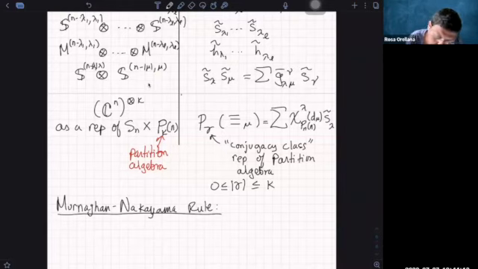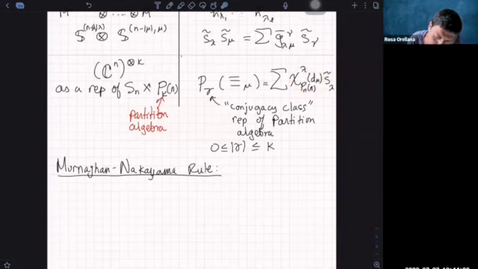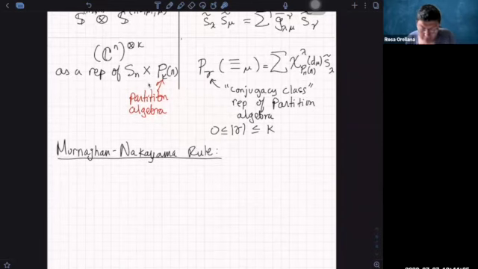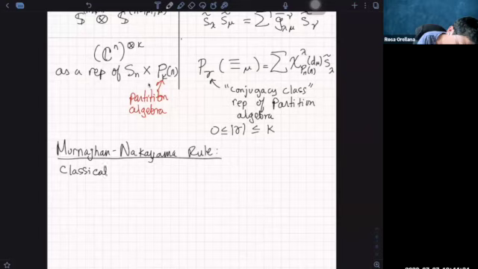So the coefficients, when you write the P mu's in terms of the S tildes, turn out to be characters of the partition algebra. And a Murnaghan-Nakayama rule will allow us to expand this. So maybe quickly, the classical case.